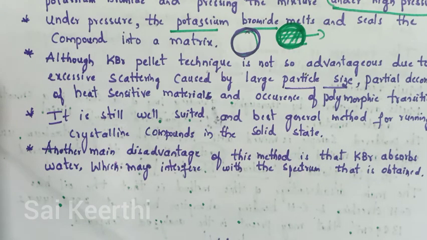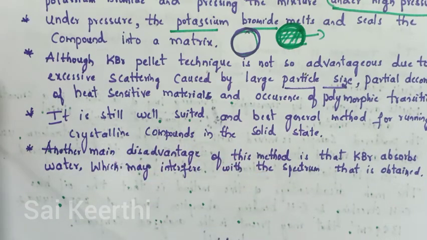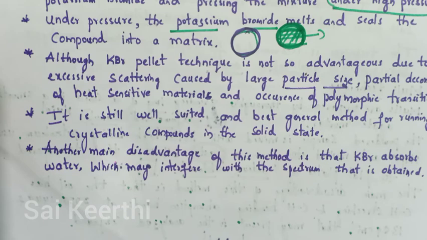So this pressed pellet technique is very much suitable for crystalline compounds in the solid state. And another main disadvantage of this method is that KBr absorbs water, which may interfere with the spectrum that is obtained. So this forms another disadvantage.